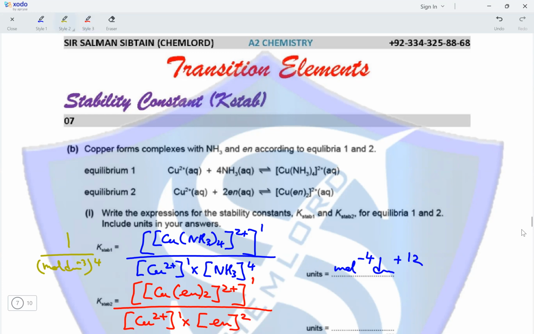So the units would be 1 upon mol per dm^3 squared, because 1 mol per dm^3 in the numerator and denominator gets cancelled out. And when we bring this into the numerator side, we end up with units of mol^-2 dm^6.